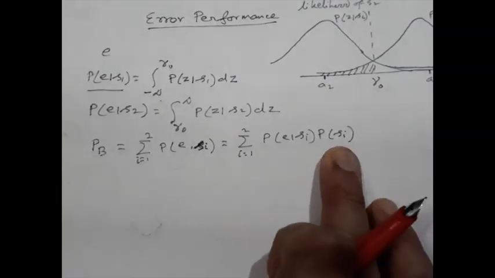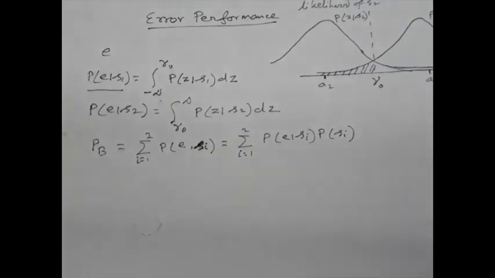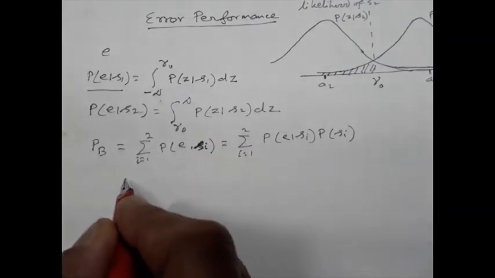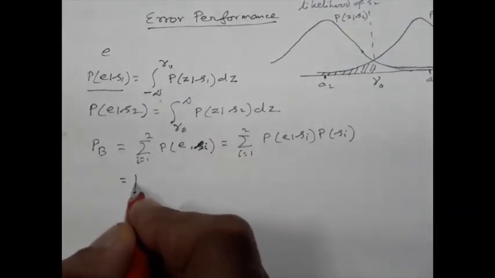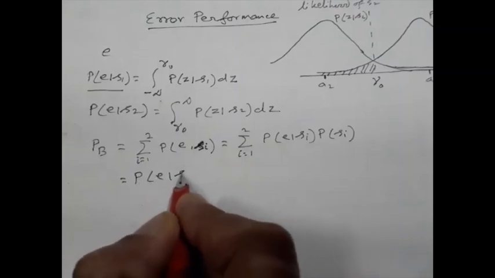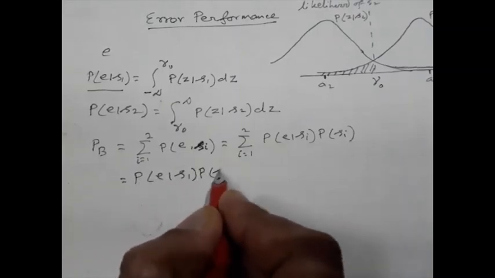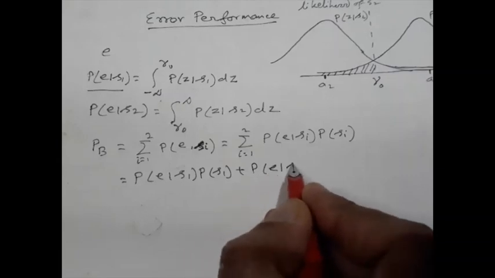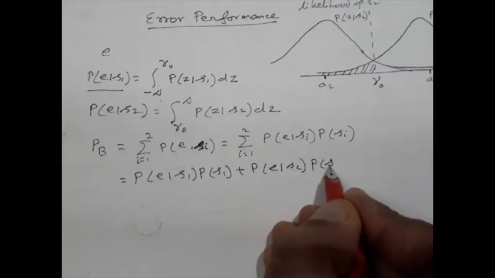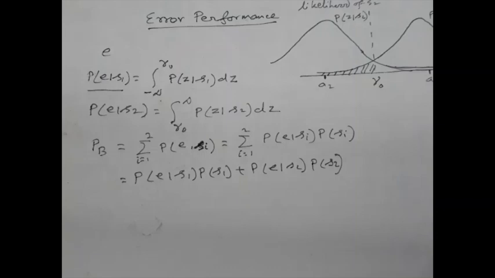This P(Si) is the a priori probability of the ith symbol. So expanding this, you can write P(E given S1) P(S1) plus P(E given S2) P(S2).